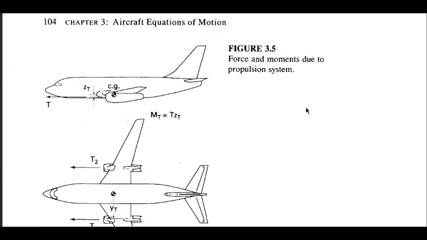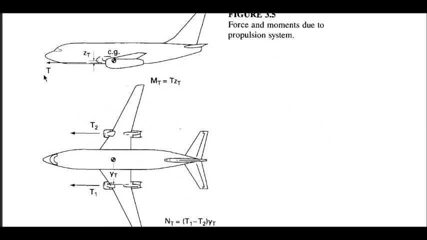Alright, for figure 3.5, this is the contribution of the thrust. Not all aircraft have thrust in line with the center of gravity. There are some differences like this one, where the thrust line is slightly below the CG.